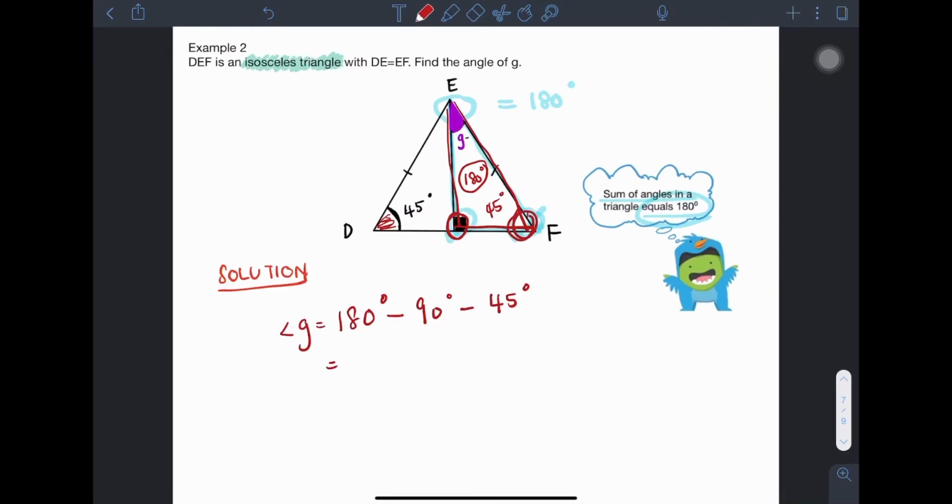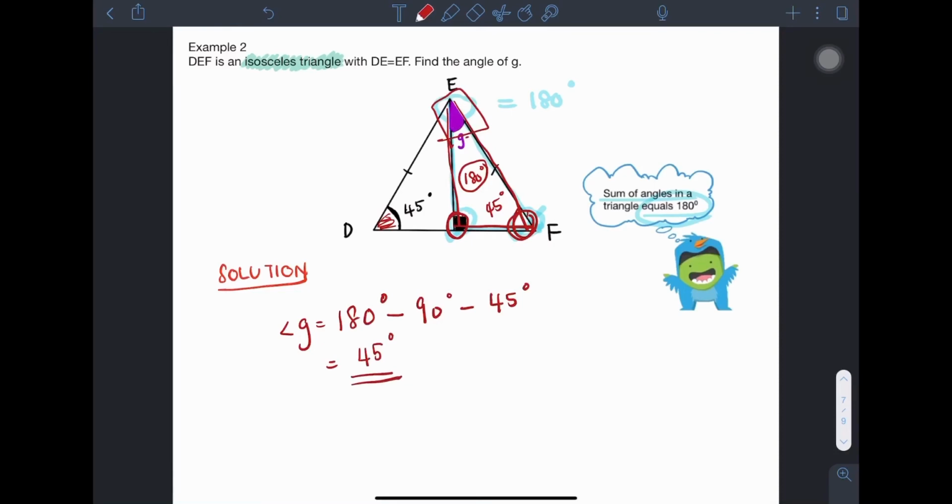So all you need to do is just minus them. 180 minus 90 minus 45, and you will get angle of G is 45 degrees.